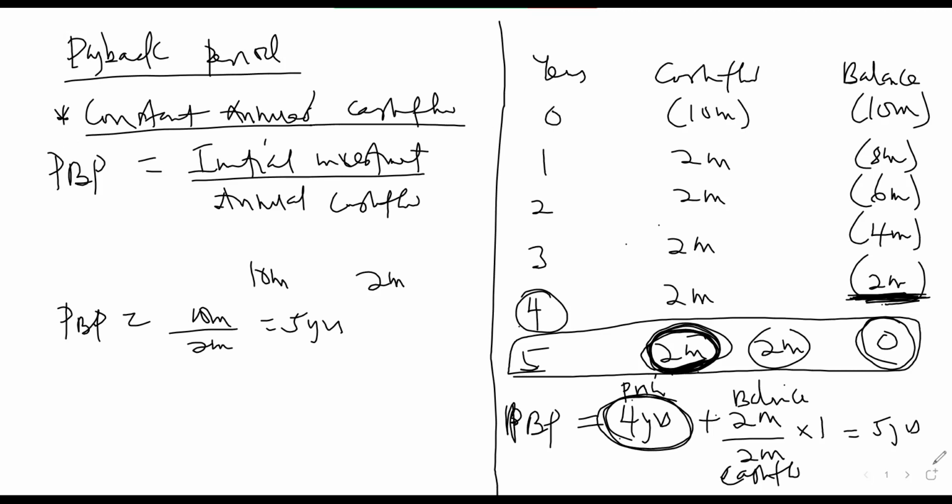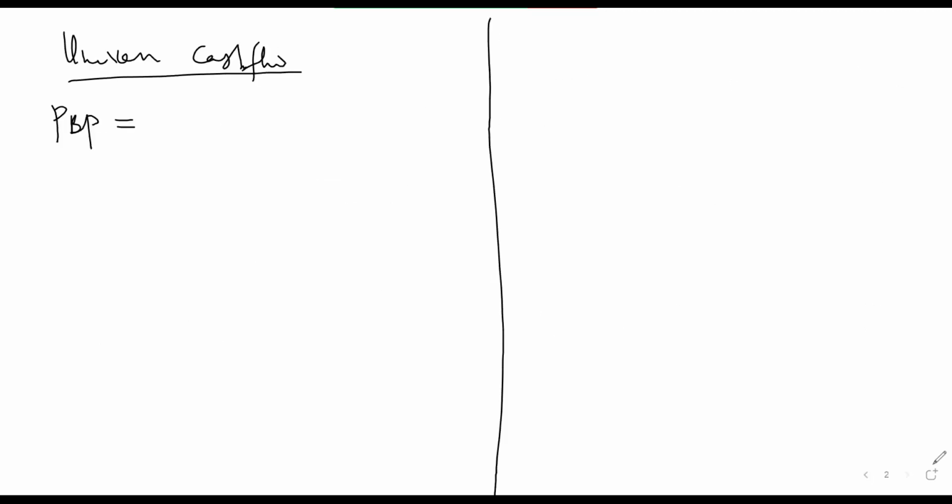It is equal to the prior year to the payback, plus the balance for the project to pay back before the project pays back over the annual cash flow in the year in which the project pays back, multiplied by 12 months or multiplied by 1, which will be a year. So you can find it in months or in years.